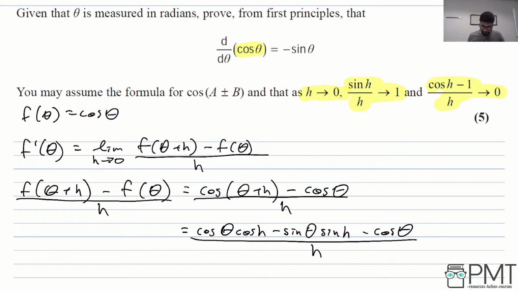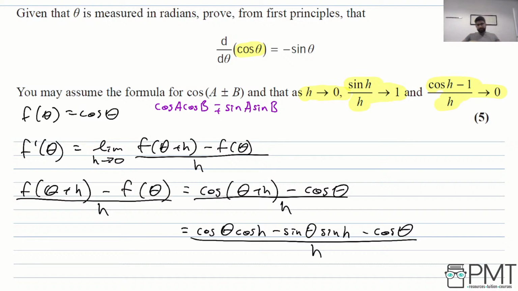Now, what I did here is use the addition formula for this expression. So the addition formula for cos A plus minus B is cos A cos B minus plus sine A sine B. So that's something you would have seen in trigonometry.